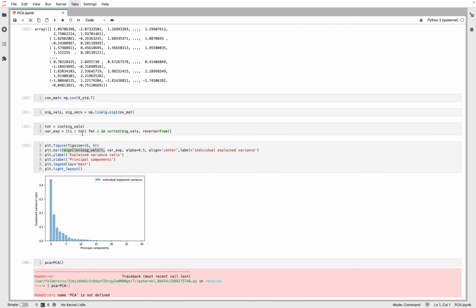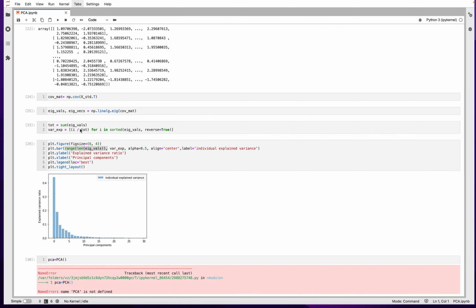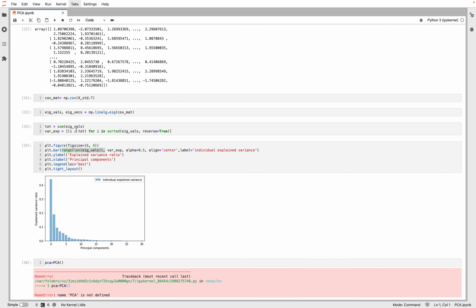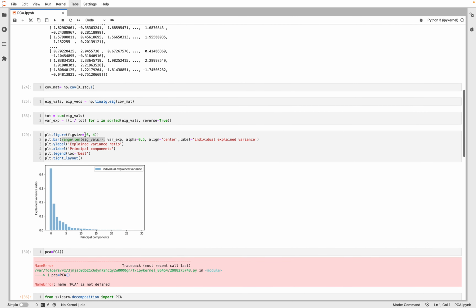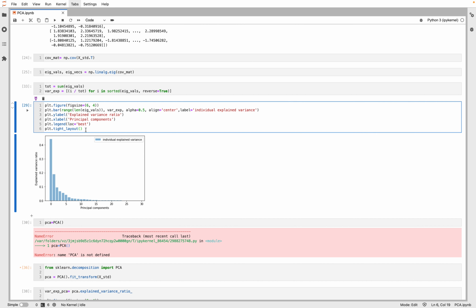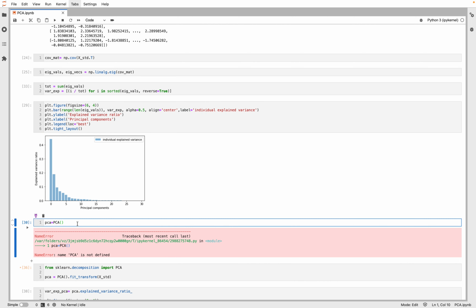And we can compute the contribution from each eigenvalue by dividing the individual eigenvalue by the sum of all the eigenvalues, and we plot out the results. That is how the eigenvalue distribution looks like.